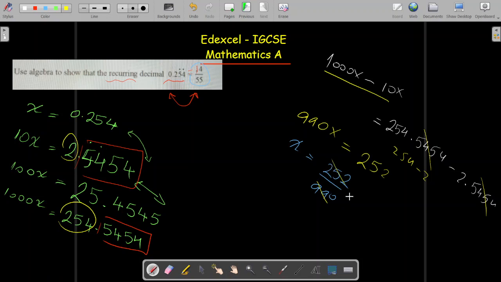If you divide by 2, the 252 divided by 2 is going to result in 126, and the 990 is going to be 495. And you're going to continue to simplify until you prove this.